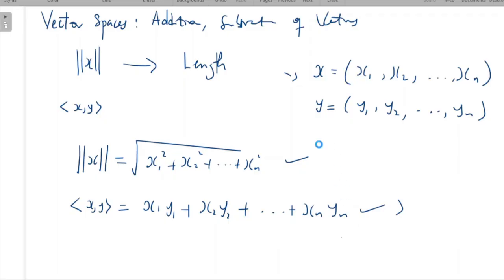Now, let's move to the relationship between the two. Don't forget, I defined the norm of x. Let's consider just two vectors for easy explanation: vector x and vector y.